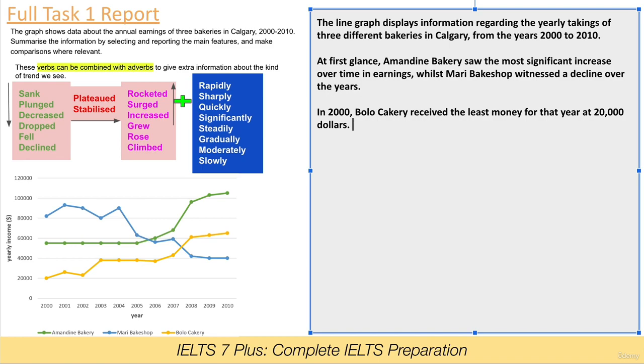You can do the dollar sign as well if you want to. I might do a mixture just to keep the variation going. Okay, so Bola Cake received the least money for that year at $20,000.